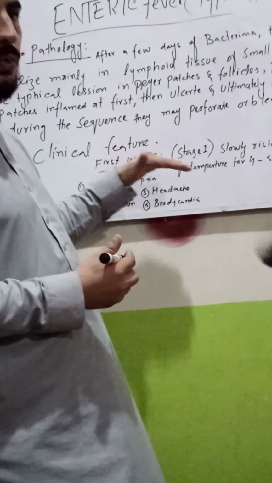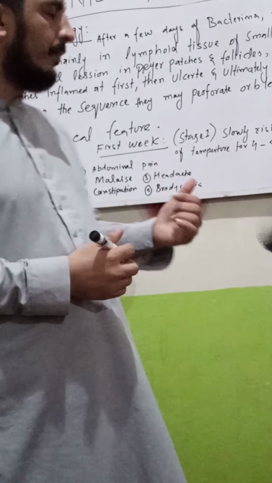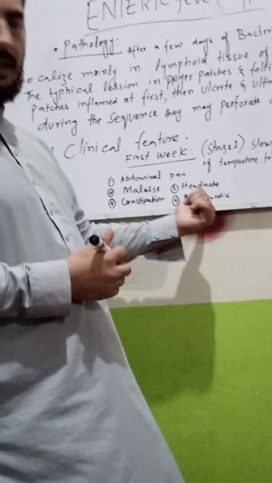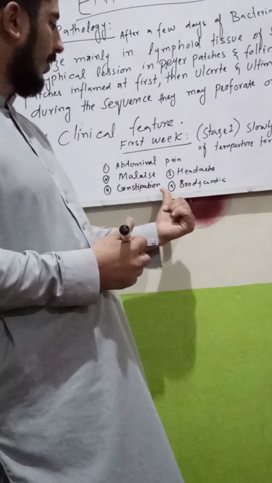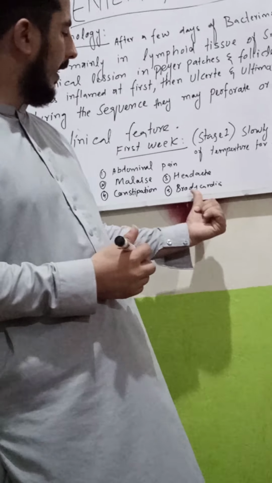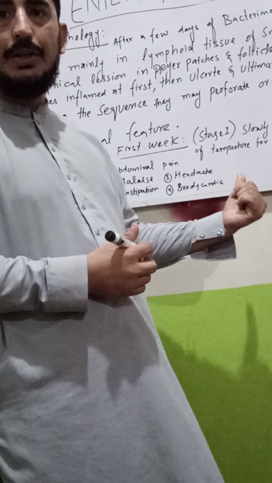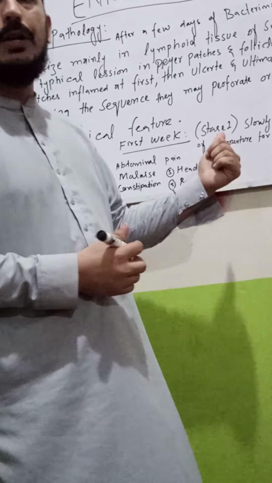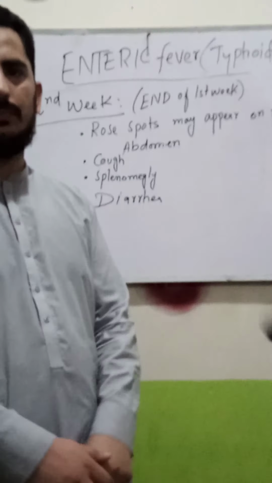So the first week signs and symptoms are abdominal pain, malaise, headache, constipation, and bradycardia. If the patient is not treated in the first week, the patient goes to the second week.